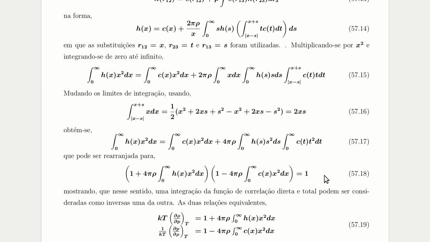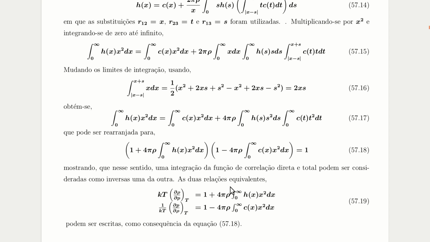As an application of this equation 18, consider that you have this expression. For example, you can prove it in a simple way again for the gas phase, using the virial expansion, and then you generalize. But the point here is if you have this, you can invert to obtain that by using this expression.